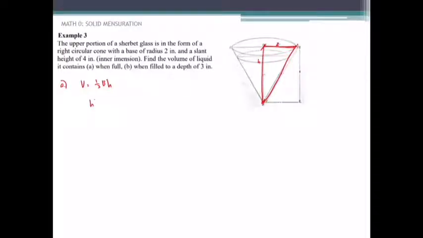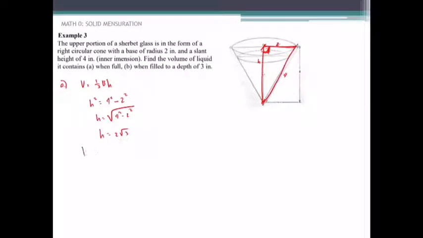Height squared is equal to hypotenuse squared minus the other leg squared. This is your right angle. This is our hypotenuse, 4. So 4 squared minus 2 squared. Therefore h is the square root of 4 squared minus 2 squared, which is 2 square root of 3.